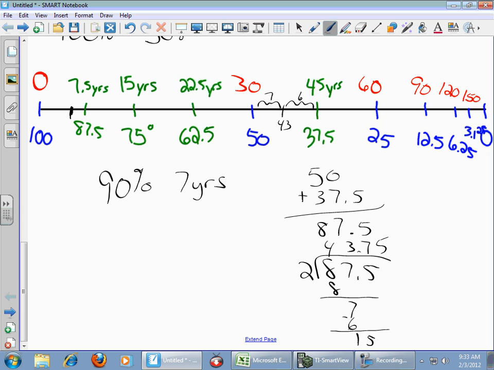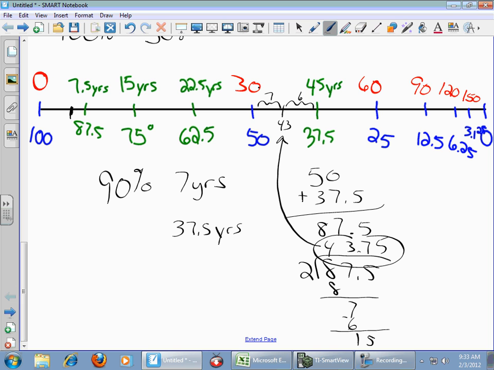So, you know, this is smack in the middle here of 50 and 37.5. So my answer in the years is going to be pretty darn close to the middle of 30 and 45. Well, the middle of 30 and 45, let's see, that's a difference of 15 years, 7.5. The middle would be 37.5 years.